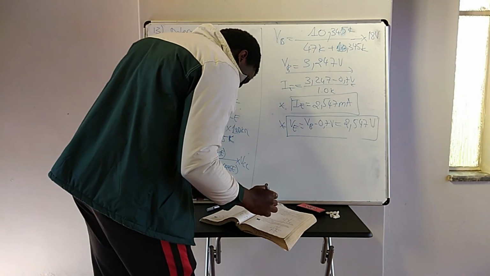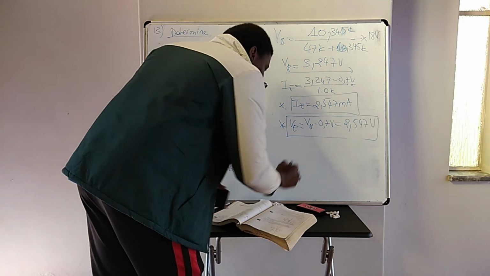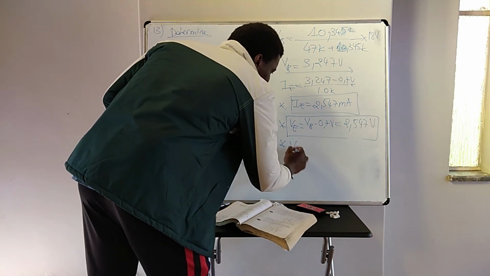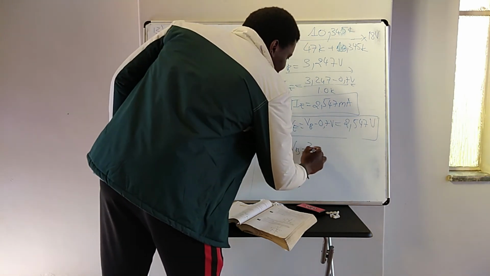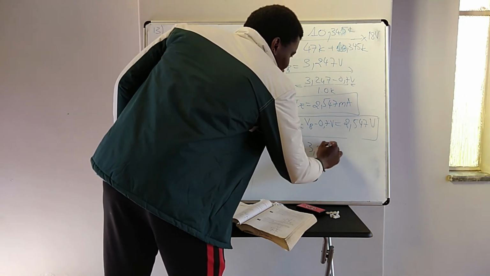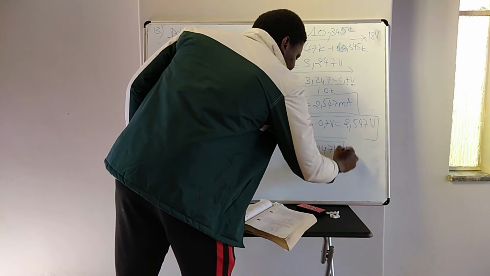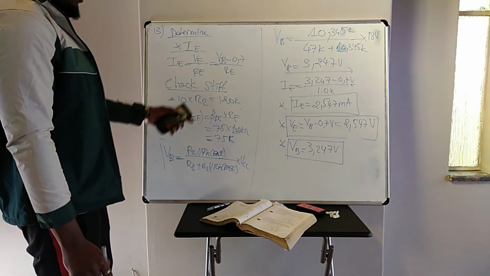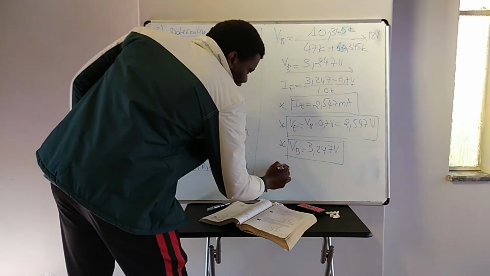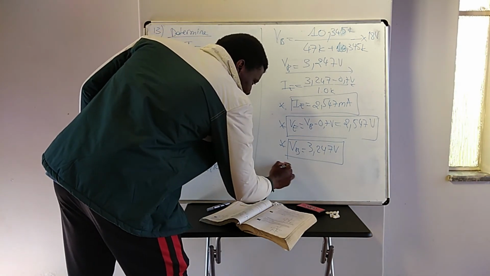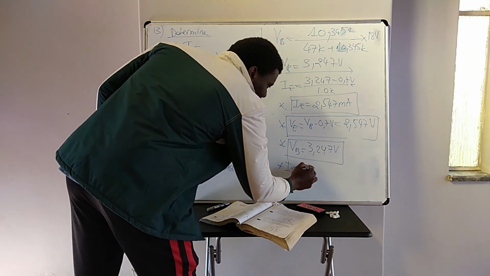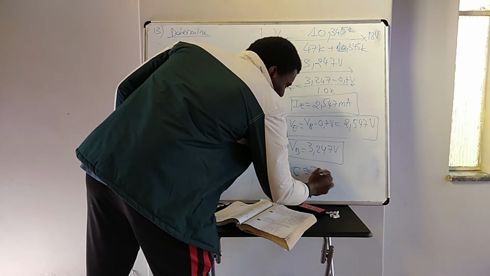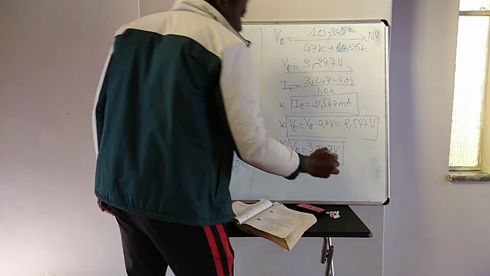So the other question says what? VB, which I already calculated, which is this one. So it's going to be 3.247 volt. So the other one, IC. IC is approximately equal to IE, which is equal to what?